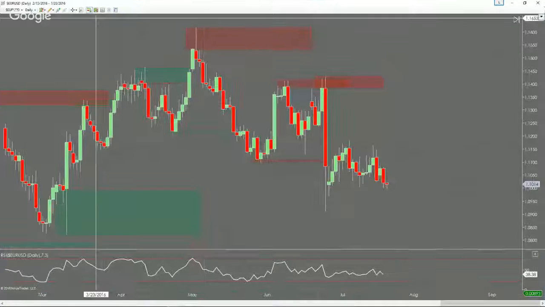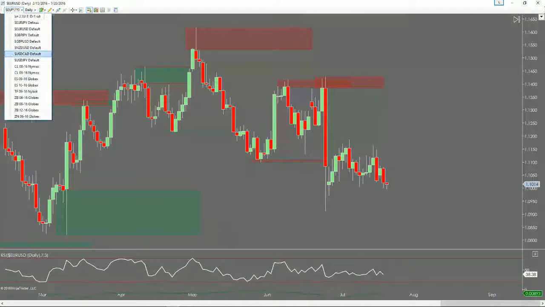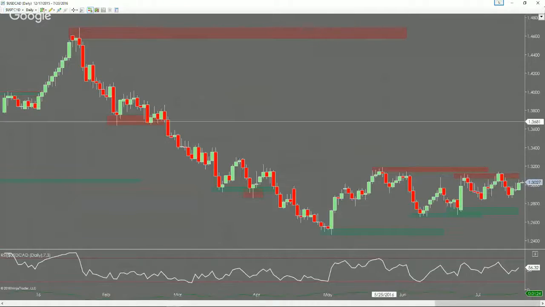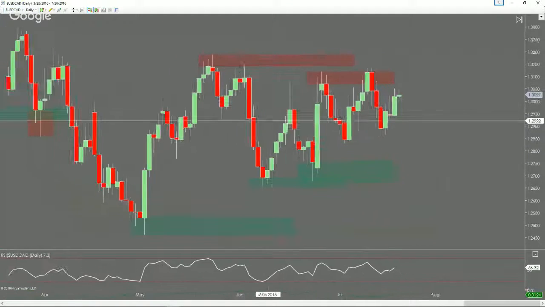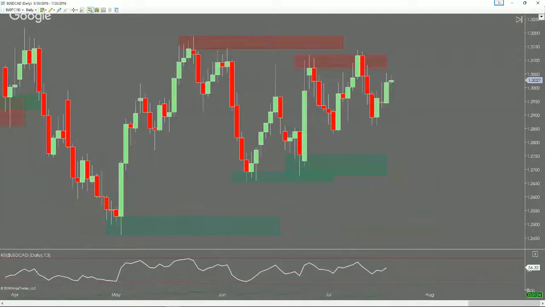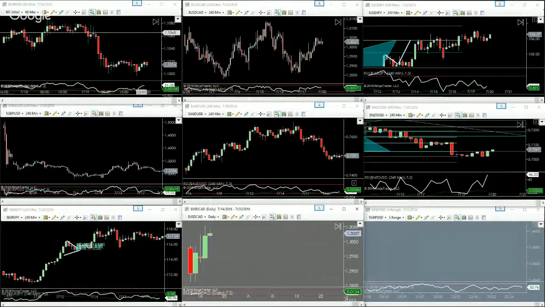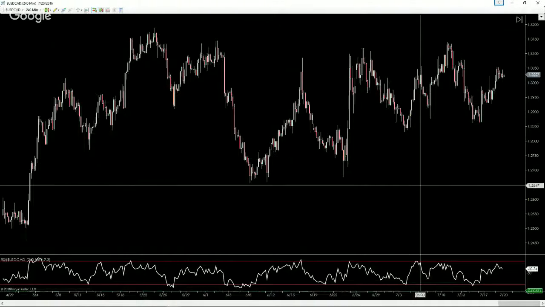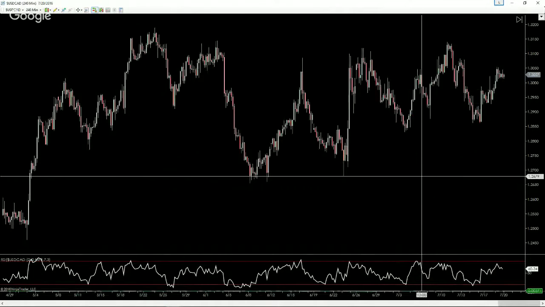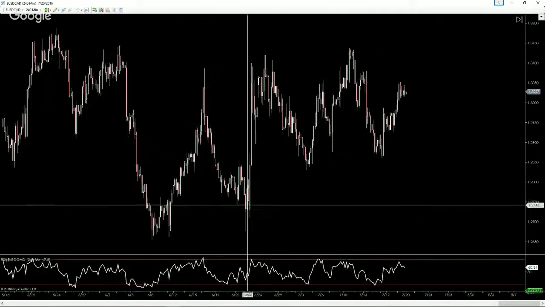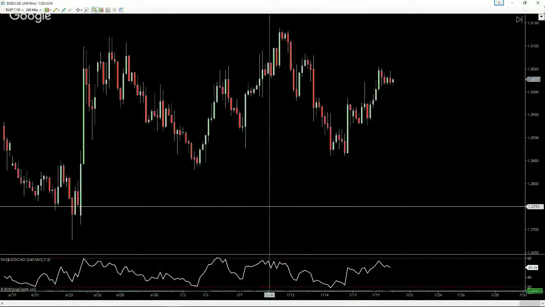Let's go to dollar CAD. Dollar CAD, we just see some consolidation in this area, and we can take a look at the lower time frames to see if we do have some trading opportunities. Let's go to, this is a 240.